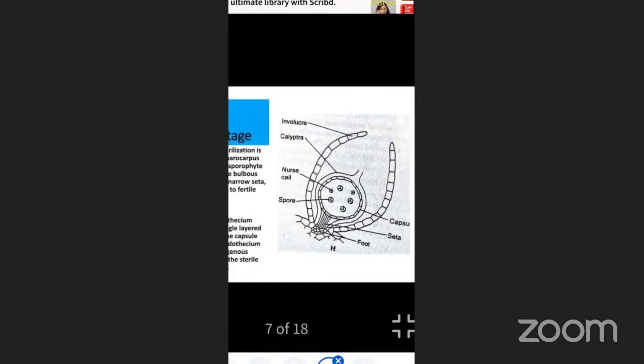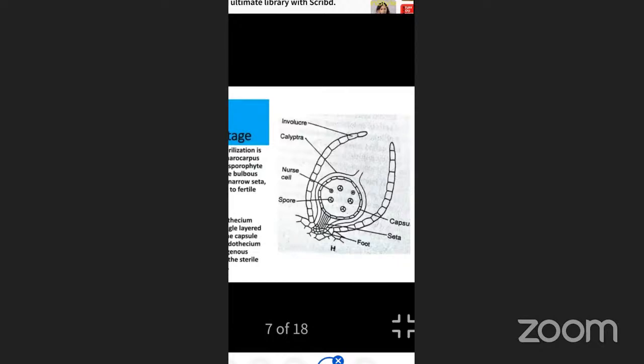The lower two cells we call hypobasal cells, which remain sterile and form the foot and seta.